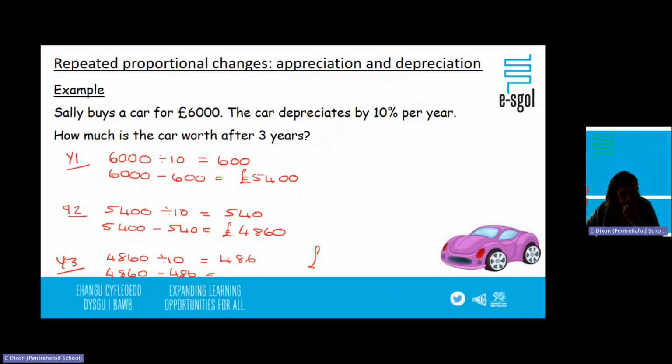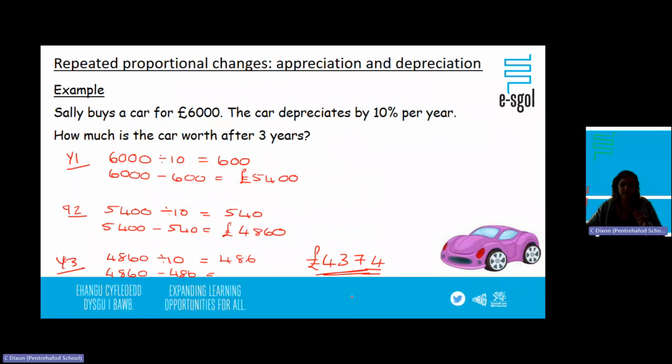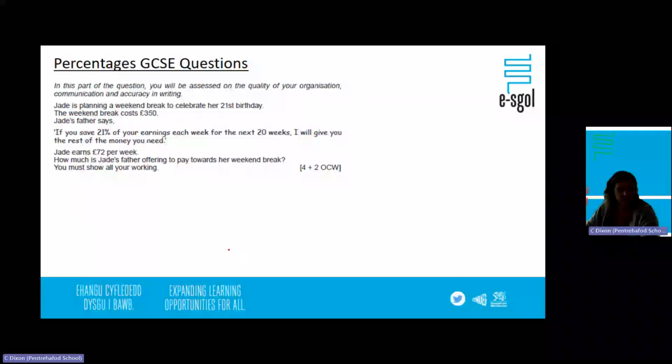I'm going to write it over here where I've got a little bit more room. 4,374. Okay, so once you've subtracted and repeated, a car that was worth £6,000 is now, after 3 years, worth £4,374.